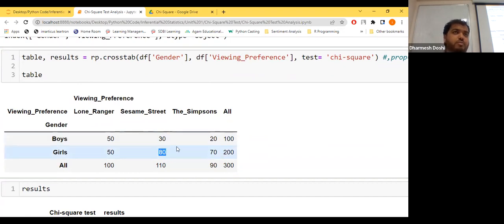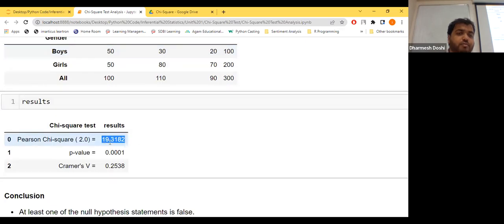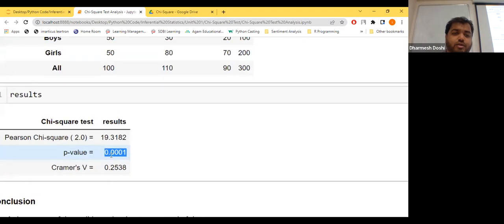The numbers remain the same, just match with the numbers you have written on pen paper. 50-50, 30-80, 20-70. Exact match. Check your chi-square value. I'm getting 19.31. Same number. So p-value is 0.001.